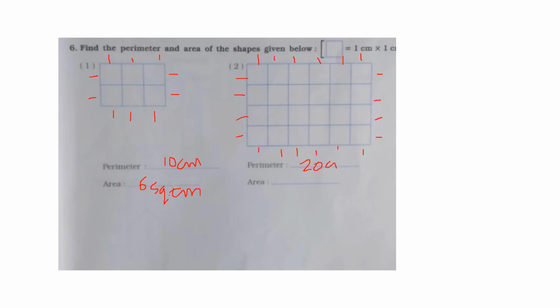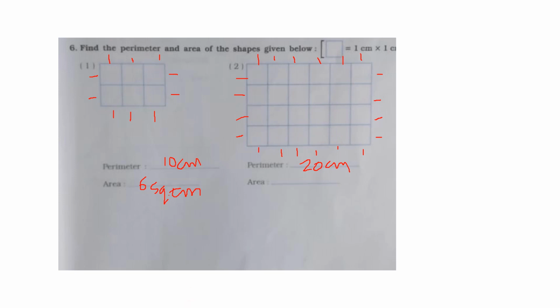Now, what is the area? Let's count how many unit squares this closed figure covers. Okay, so 1, 2, 3, 4, 5, 6, 7, 8, 9, 10, 11, 12, 13, 14, 15, 16, 17, 18, 19, 20, 21, 22, 23, 24.